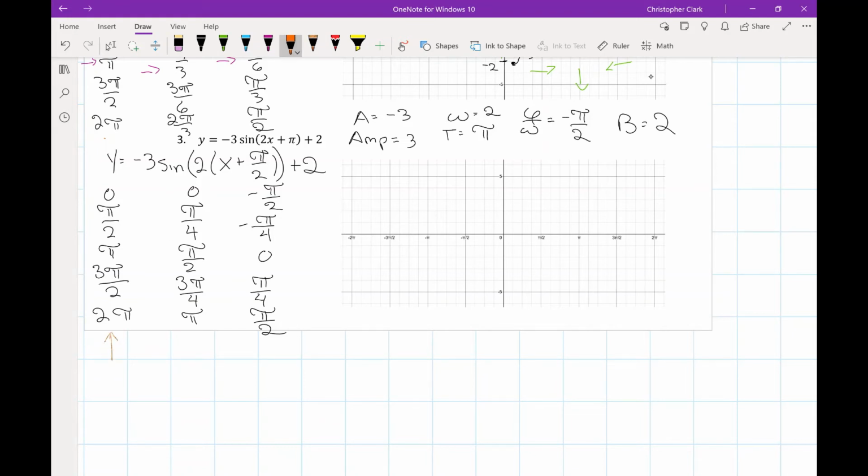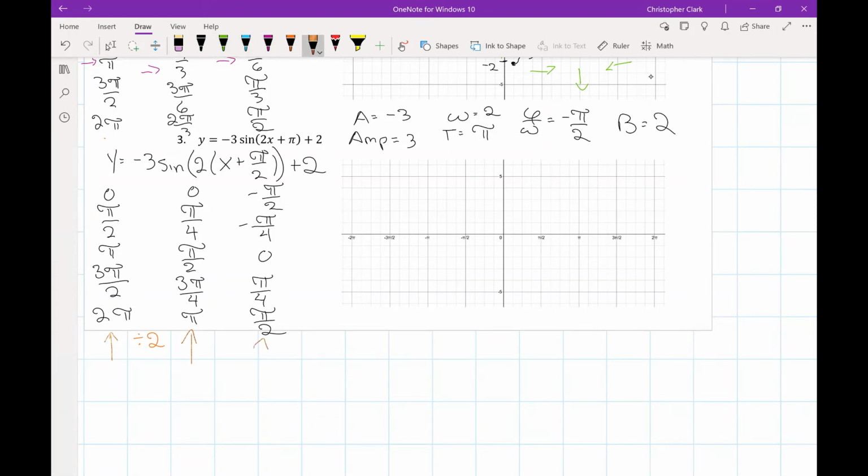Now we're going to do to our special points what we did to our period, divide by omega, in this case divide everything by 2. So our second column is the first column divided by 2. So 0 goes to 0, pi over 2 to pi over 4, and so on and so forth.